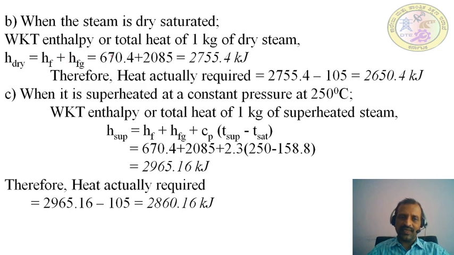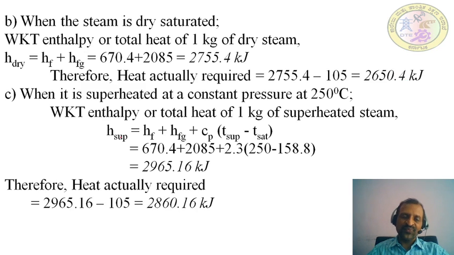That is equal to 670.4 plus 2085, which gives 2755.4 kilojoules. Therefore, heat actually required would be 2755.4 minus 105. This 105 is the initial heat supplied to the water to reach a temperature of 25 degrees Celsius, which you need to subtract from the calculated value. That will give you 2650.4 kilojoules.